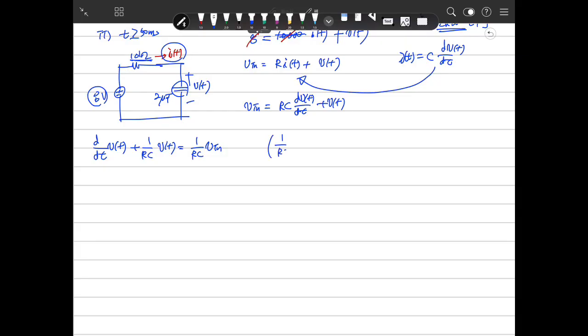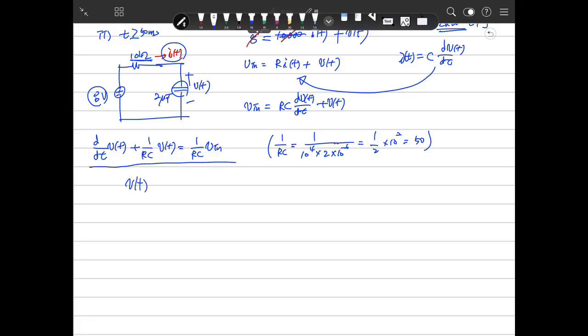So we know that 1 over RC will be, R is 10 to the 4, C is 2 times 10 to the minus 6, so 1 over 2 times 10 to the minus 2, which is 50. So from this equation, what can you get?